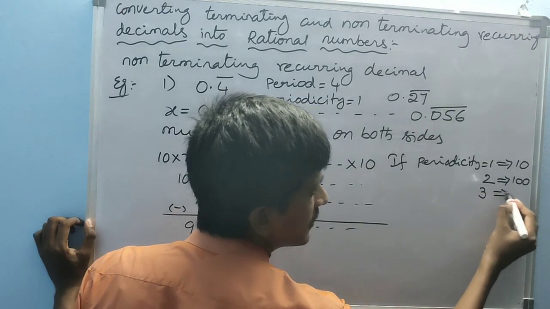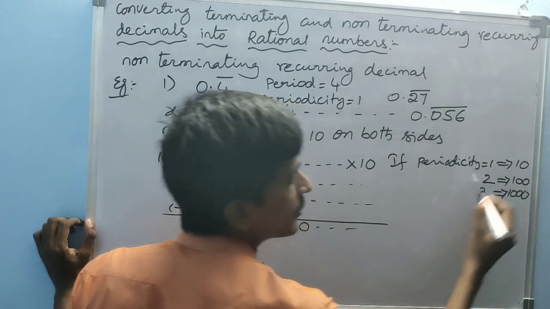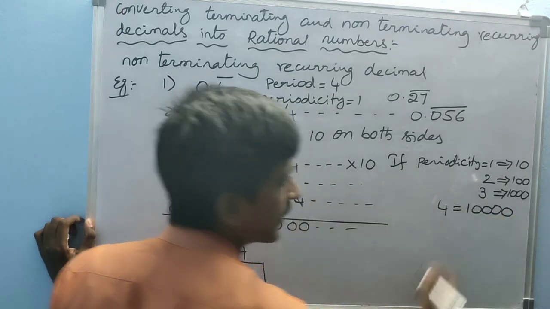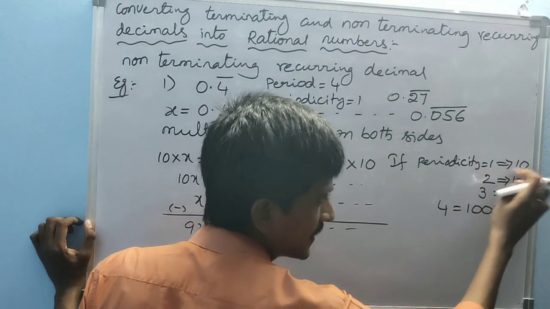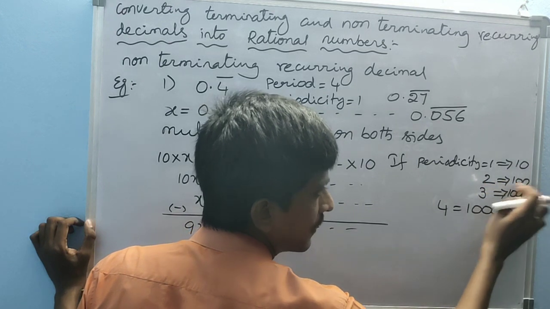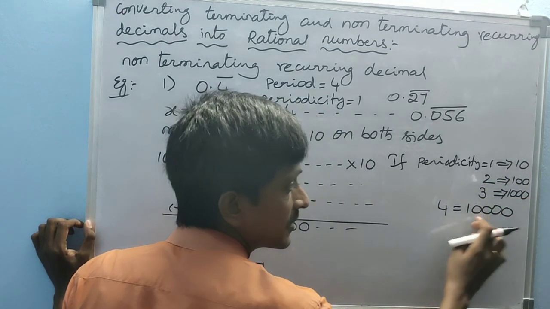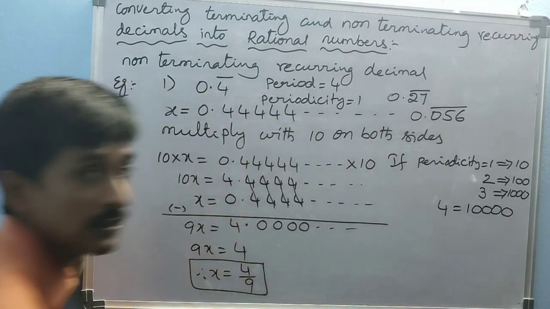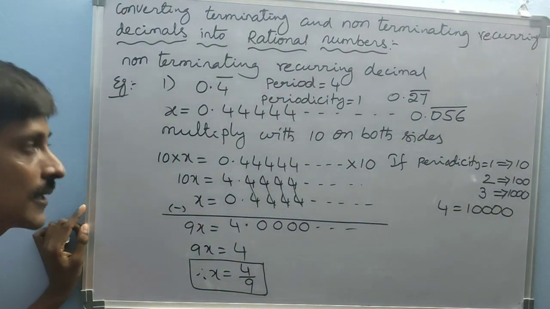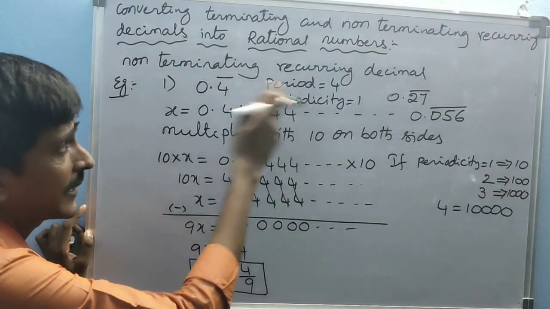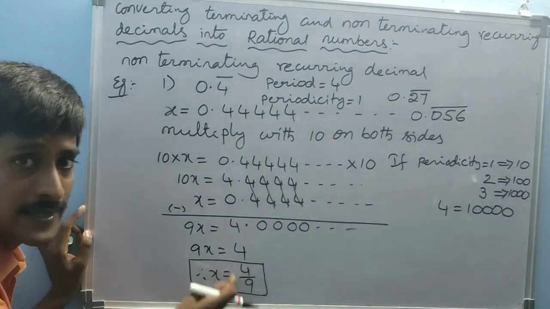If periodicity equals 3, multiply with 1000. 1 means 1 beside 1 zero, 2 means 1 beside 2 zeros, 3 means 1 beside 3 zeros, 4 means 1 beside 4 zeros. That is the conversion of a non-terminating recurring decimal into rational form.